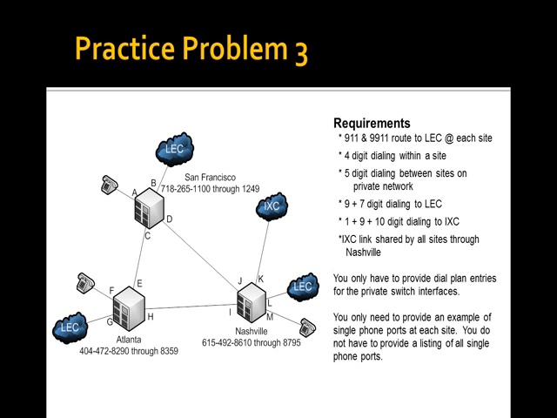The IXC connection, which is in Nashville, is used by all of the sites for long distance. So if you're making a local call out of Atlanta, it goes out to your LEC. If you're making a long distance call, it's going to route across your private network to Nashville and then out your IXC connection. You still see this somewhat.